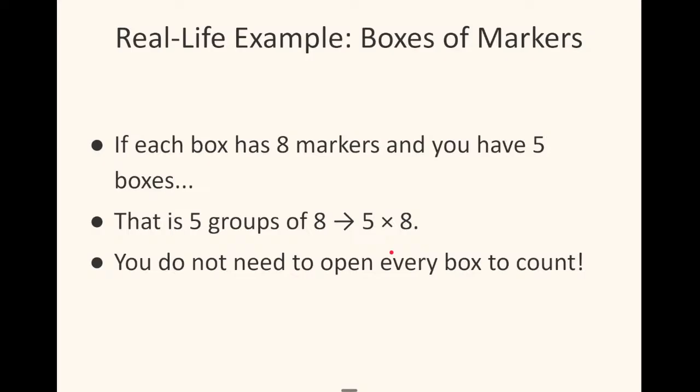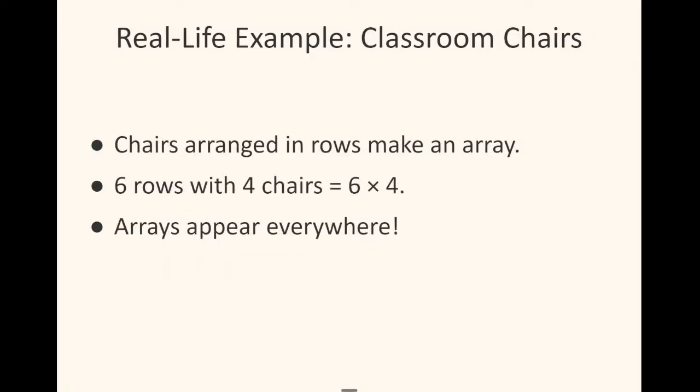Multiplication saves time in real life. So another example is if chairs are arranged in rows to make an array, 6 rows with 4 chairs in each row means 6 times 4. Multiplication can appear everywhere around us.